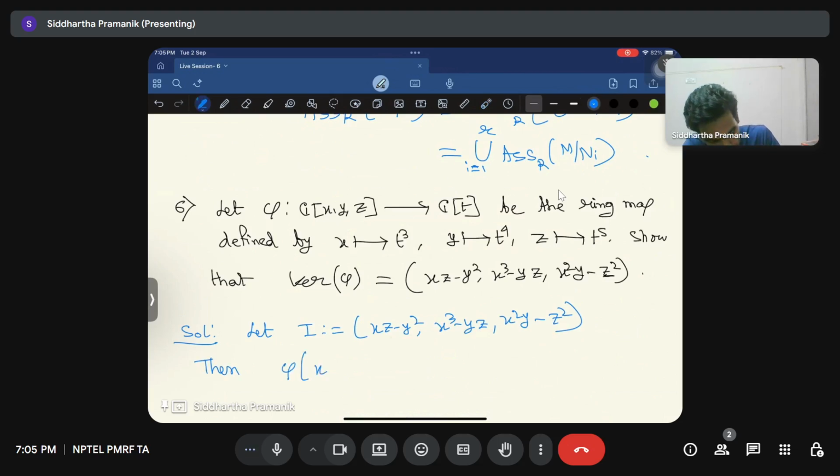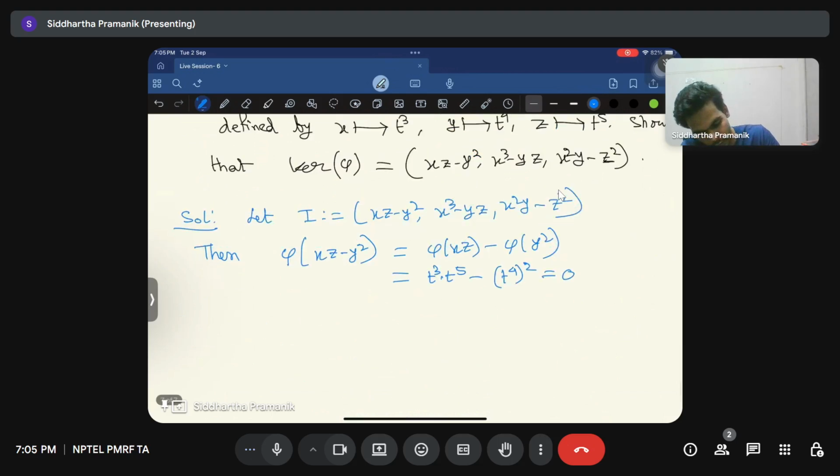So phi of xz minus y squared is the same as phi of xz minus phi of y squared, and phi of xz is basically t^3 times t^5, and phi of y squared is basically t^4 squared.